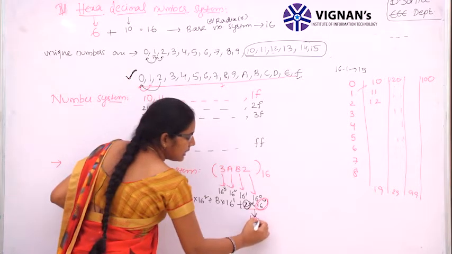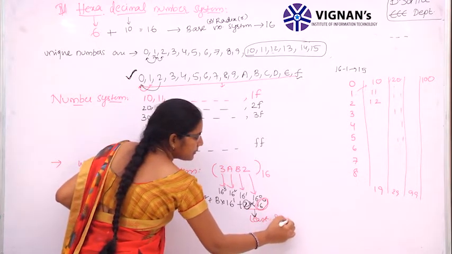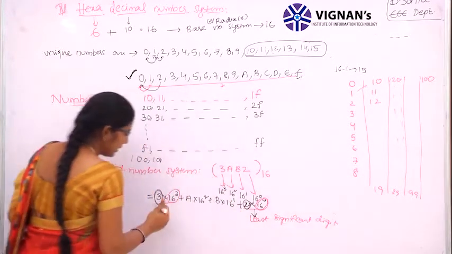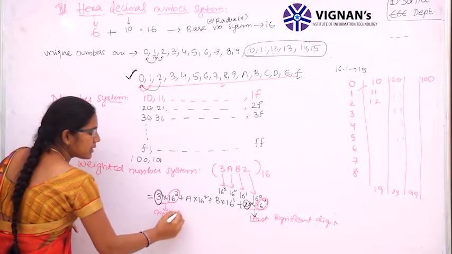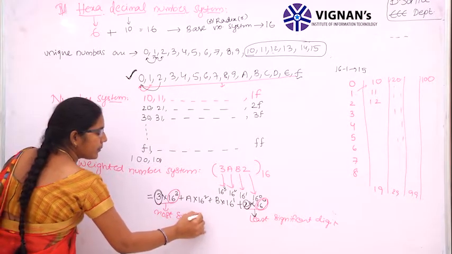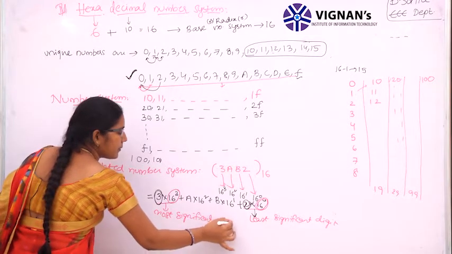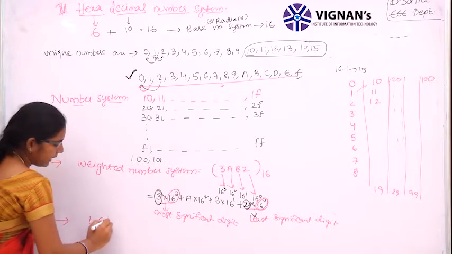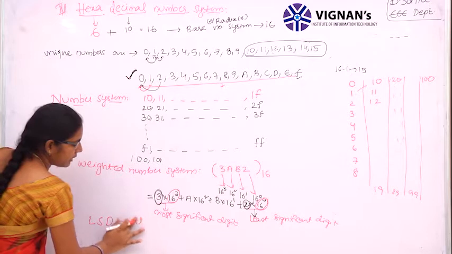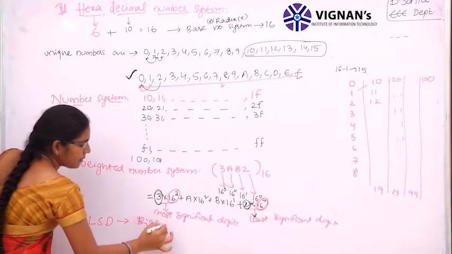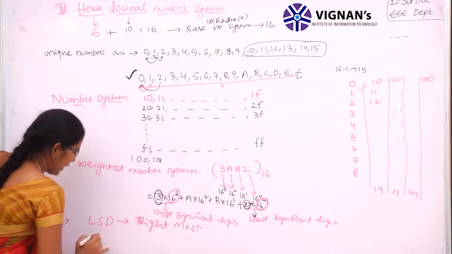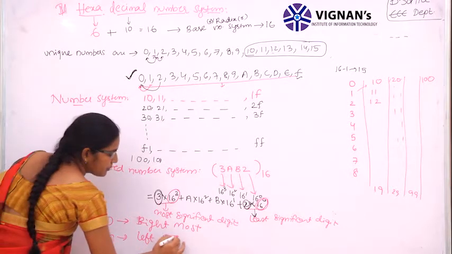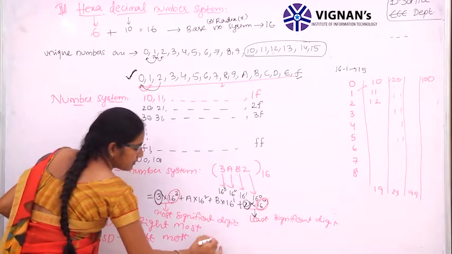So this is the least significant digit and this is the most significant digit. Okay. So the least significant digit is always the rightmost position and the most significant digit is the leftmost position.